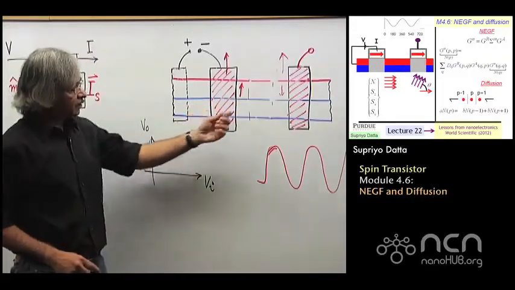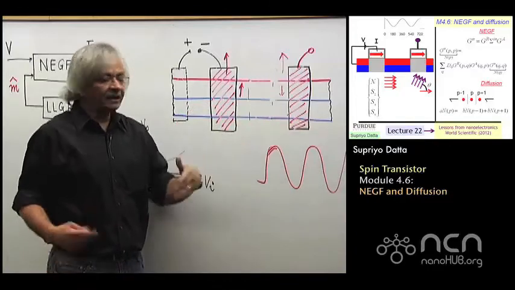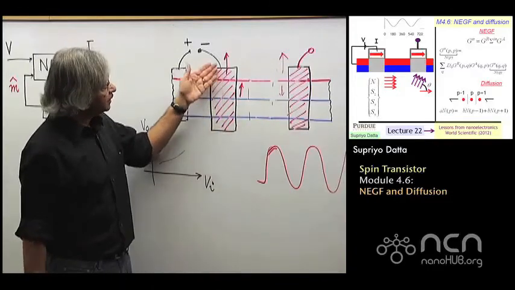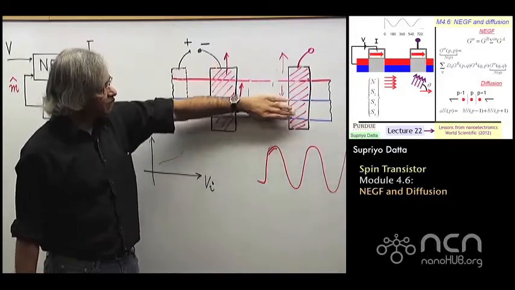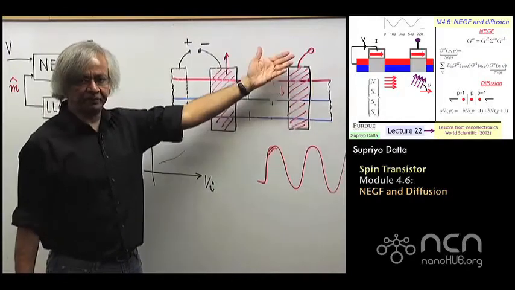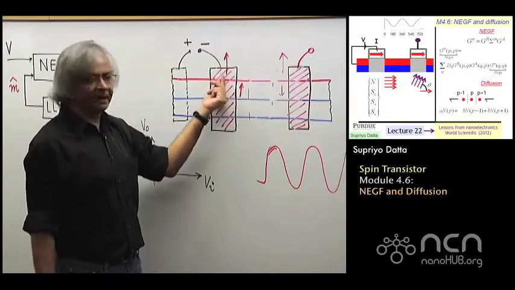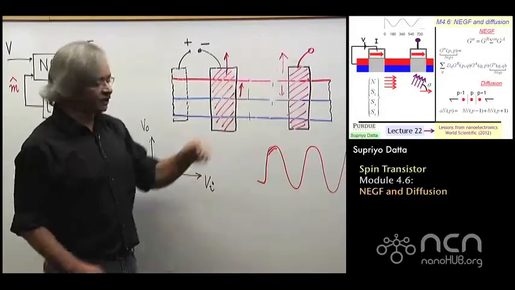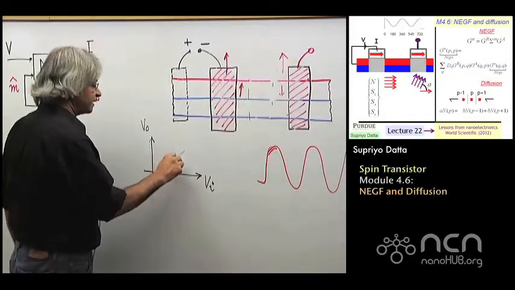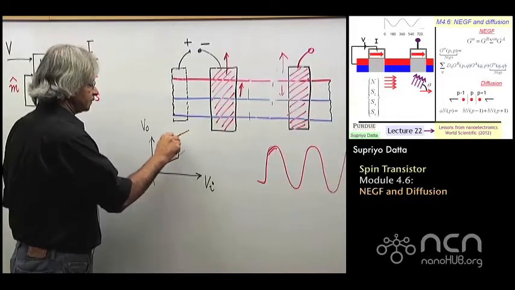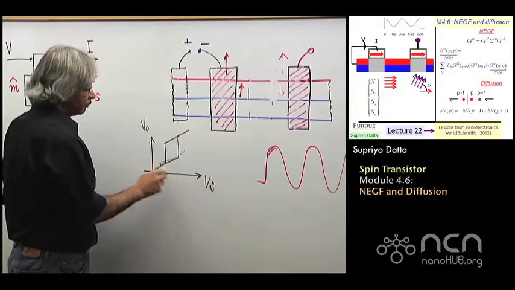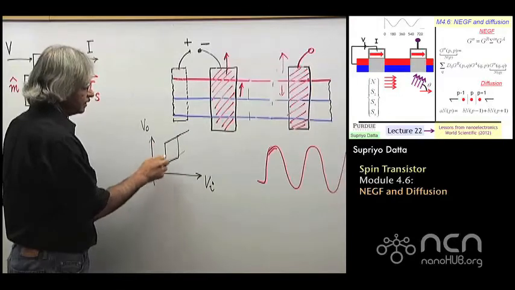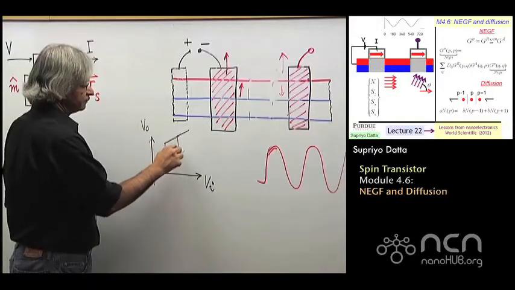And if this is a small magnet, then as you increase this voltage, at some point this magnet can flip. Like if it was originally anti-parallel to this, at some point it can flip and come in the same direction. And then people see things that change like so.